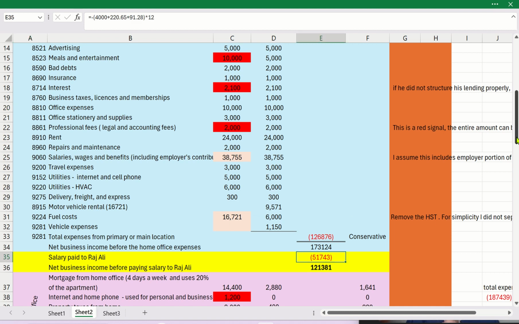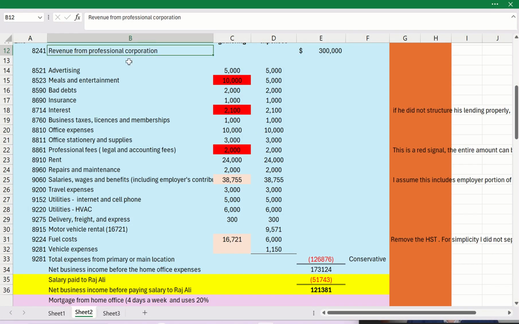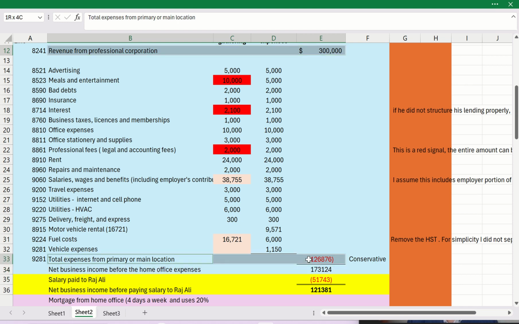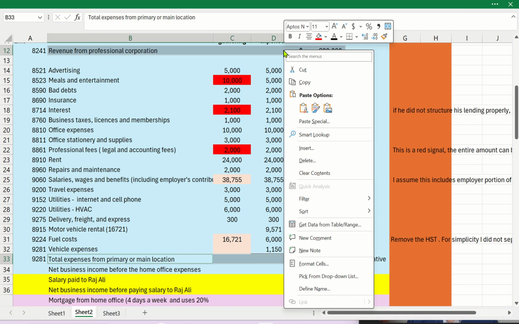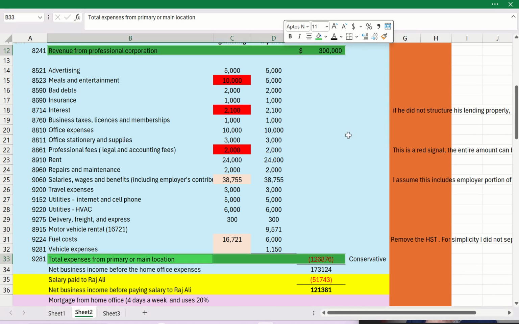So the total expenses: if you subtract this, this is the revenue from the corporation. I'm going to highlight this so you can see this and this, perhaps in green.